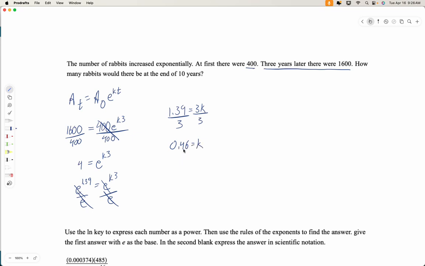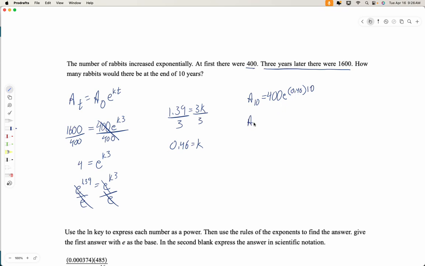Now that we know what k is, we can figure out how many there's going to be at the end of 10 years. So the amount in 10 years is equal to 400 times e with a rate of 0.46 and then in 10 years. All right. So now we can do this multiplication. When we multiply these two numbers, we just move the decimal place over 1.